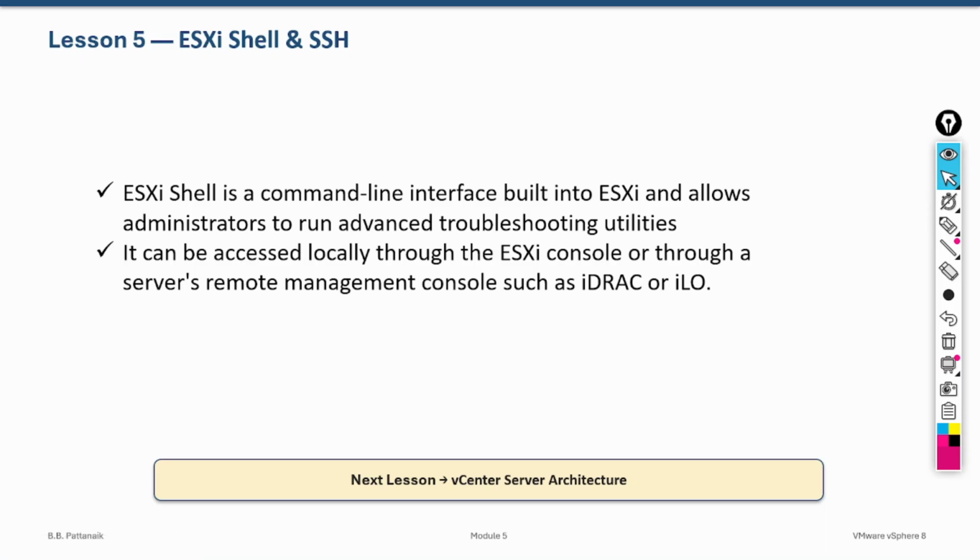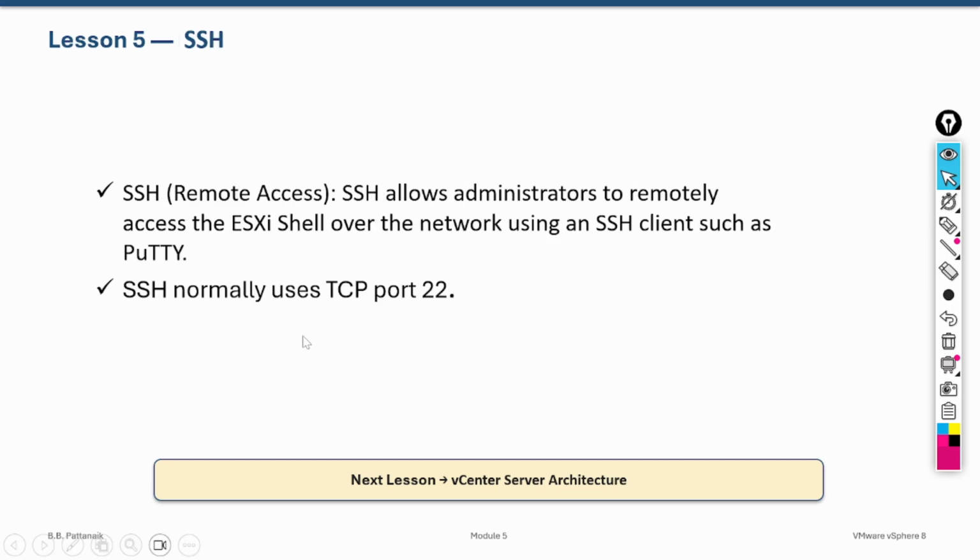Now briefly we will discuss ESXi Shell and SSH. ESXi Shell is a command line interface built into ESXi. It allows administrators to run advanced troubleshooting utilities and perform certain administrative tasks directly on this host. SSH stands for secure remote access.